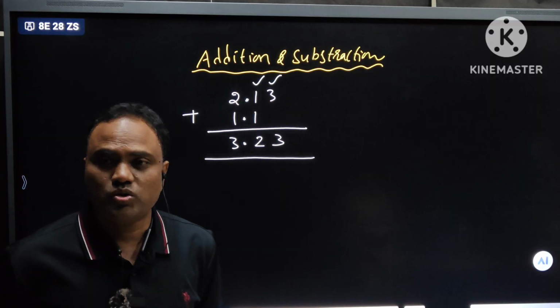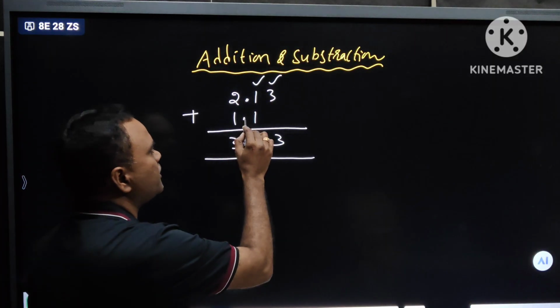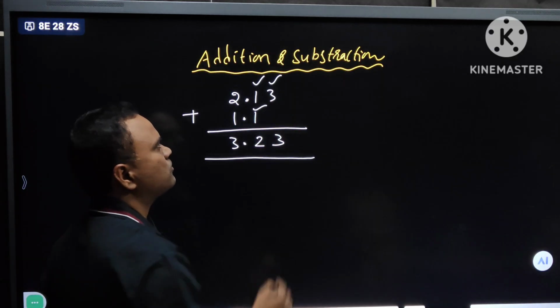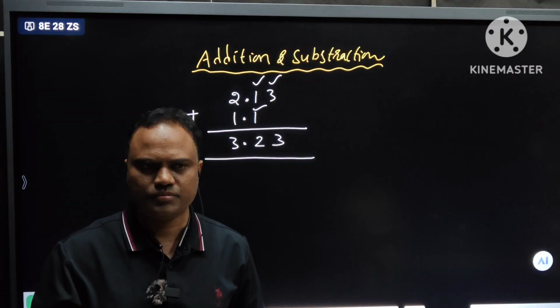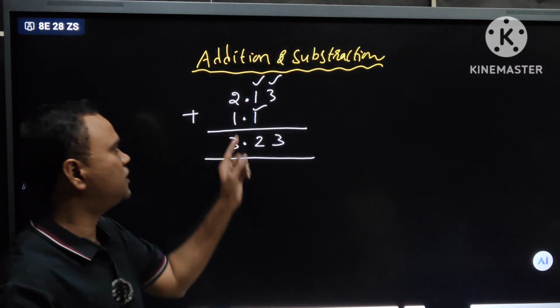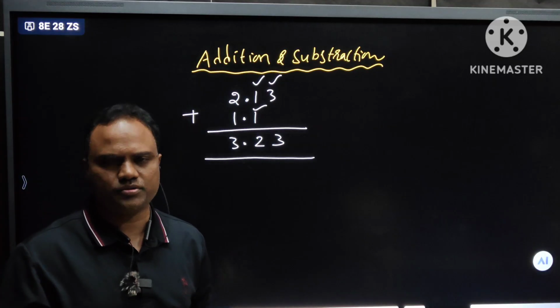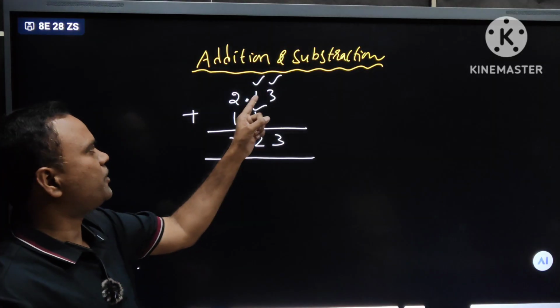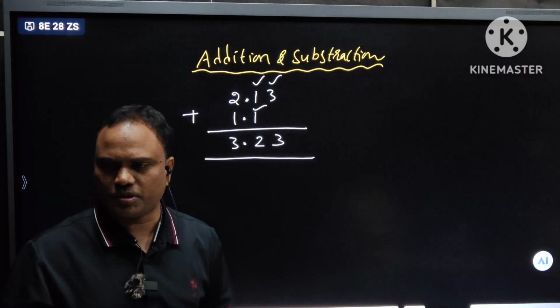After the point here, how many decimal places are present? 1 decimal place. After the point, 1 decimal place or 1 digit is present. After the point, how many decimal places are present here? 2 decimal places are present.